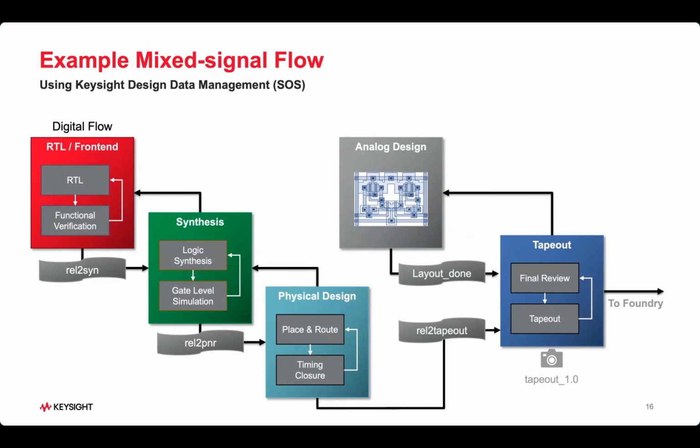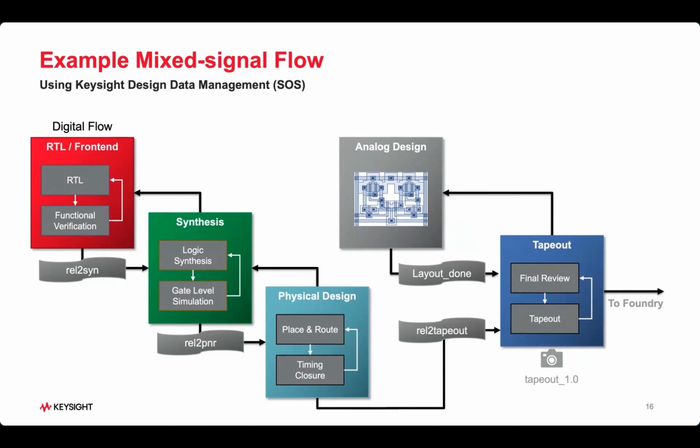So as you can see, we've used two types of labels. The first one as tags, which are dynamic, and they help us pass the data and promote the data to the next engineer. And then we've taken advantage of snapshots, which help us capture the milestone of that project.